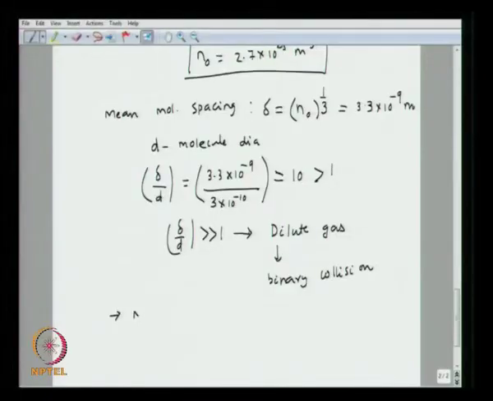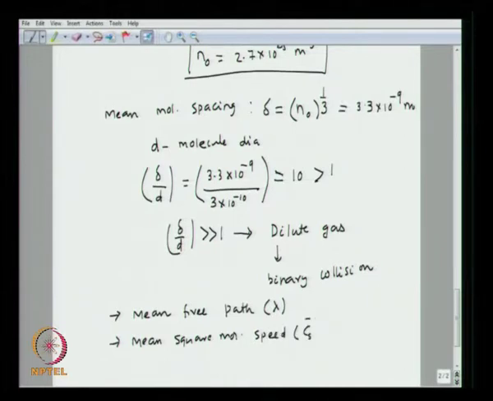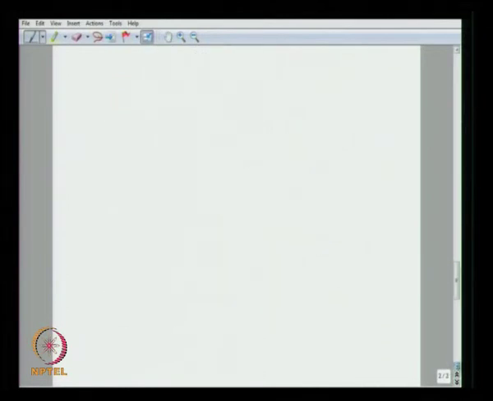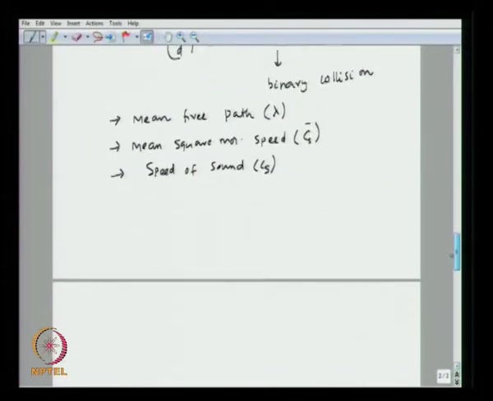We will also look at the mean square molecular speed, which is denoted by Cs star, and we will also look at the speed of sound, which is Cs.